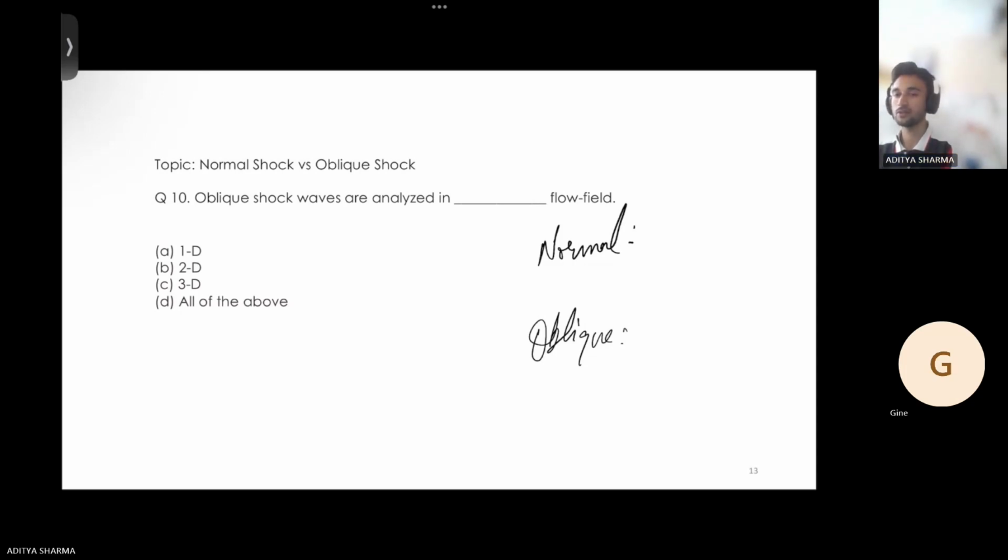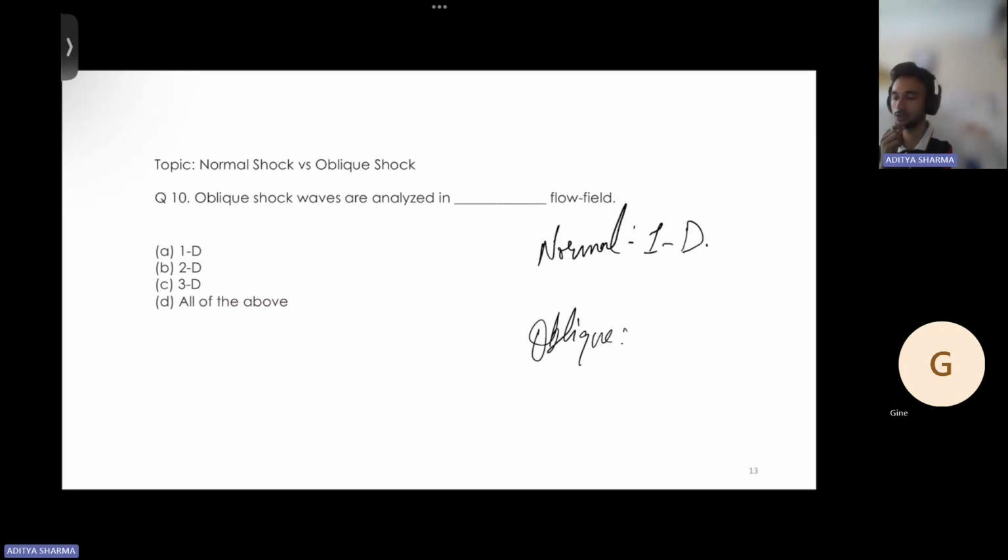But in case of oblique shock waves, we have done this 1D analysis also in case of normal shock waves, but in case of oblique shock waves, because there is this obliqueness, we need to consider one more direction, because by means of only one dimension, we won't be able to express these oblique shocks, right?